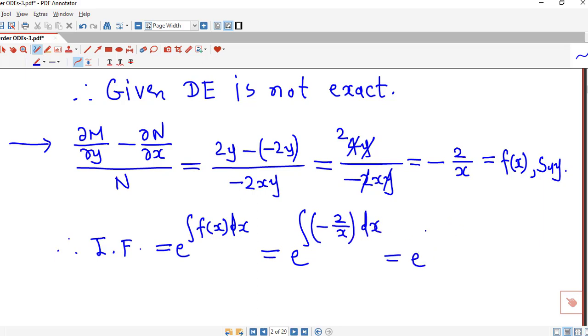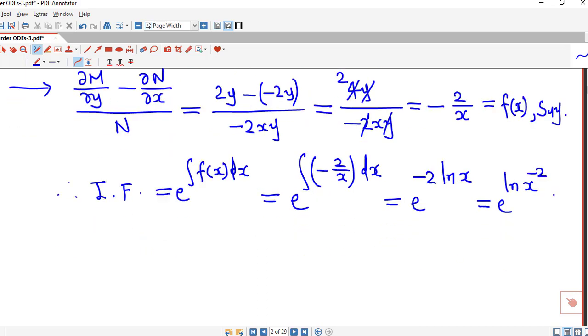Integral of minus 2 by x is minus 2 log x, and using property of logarithm we can rewrite minus 2 log x as ln x raised to minus 2, but this is nothing but x raised to minus 2. So therefore integrating factor is x raised to minus 2.